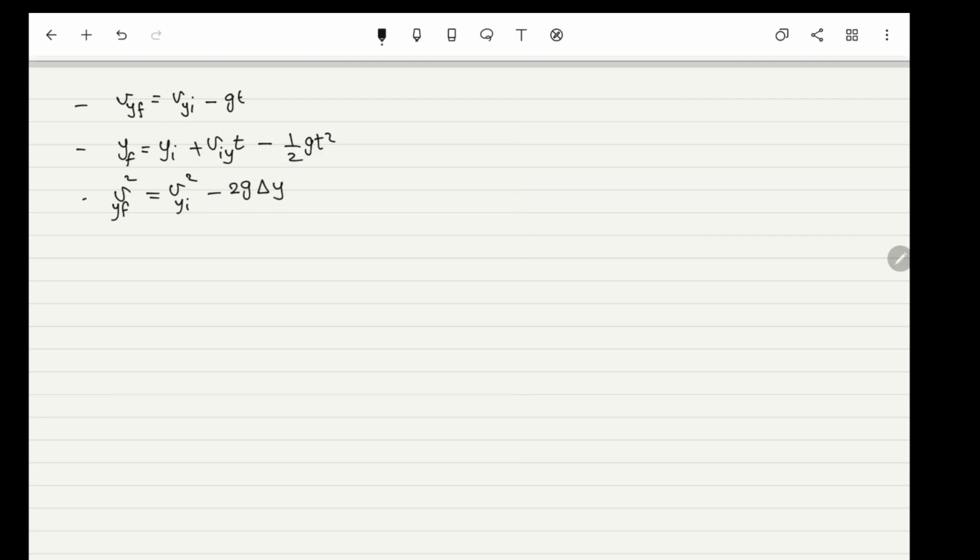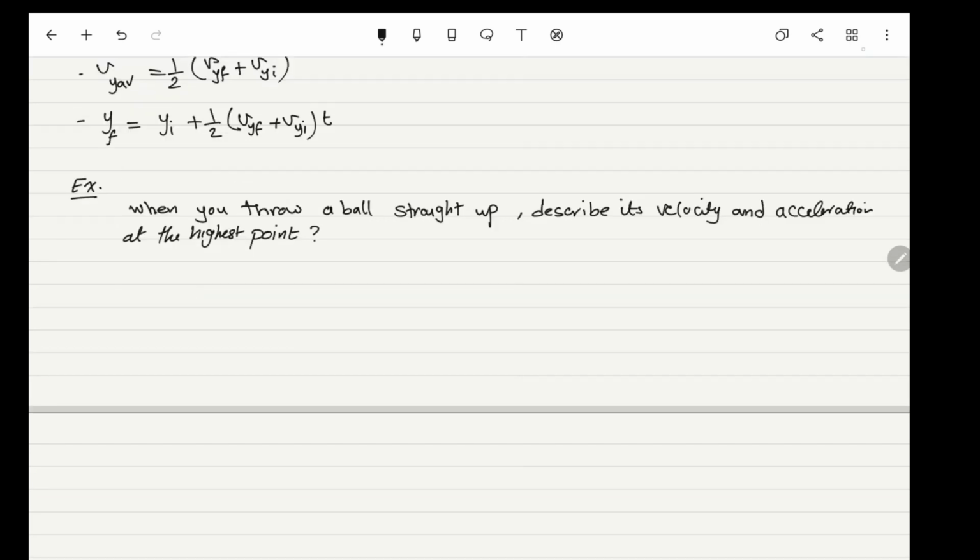This is the third one here. And v y average equal to half v y final plus v y initial, and y final equal to y initial plus half v y final plus v y initial, all multiplied by t.